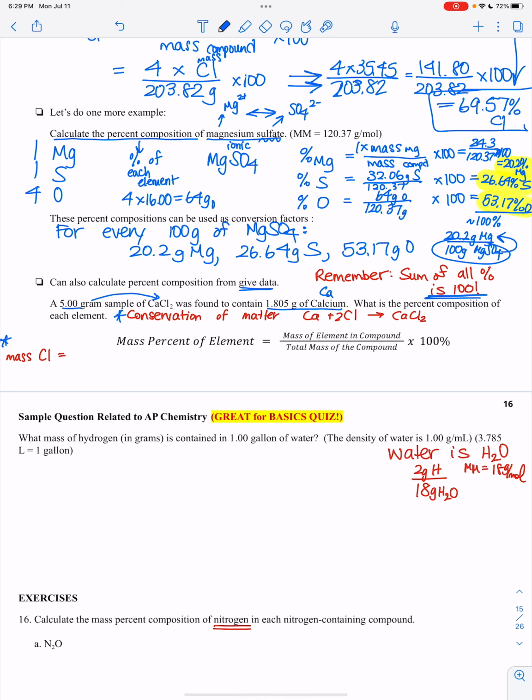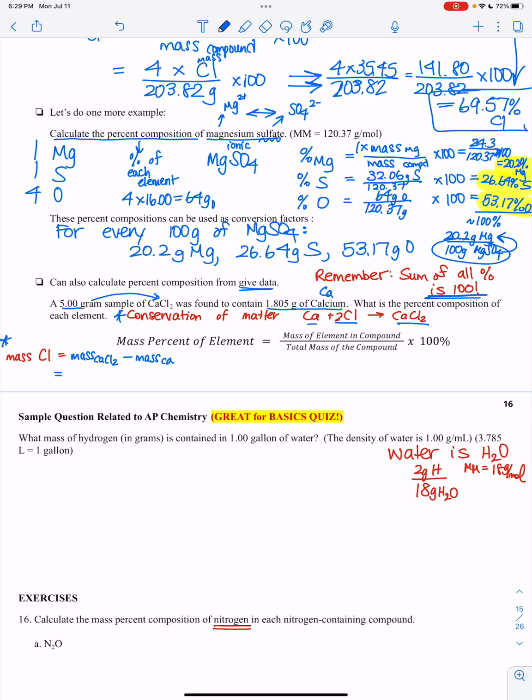Well, remember what I said here. The mass of chlorine is going to be the mass of CaCl2 minus the mass of calcium. Why? Right here, calcium plus chlorine is my calcium chloride, CaCl2. So if I want my mass of chlorine, and I'm doing this math separately, because if I want percentages, I need masses of each element.